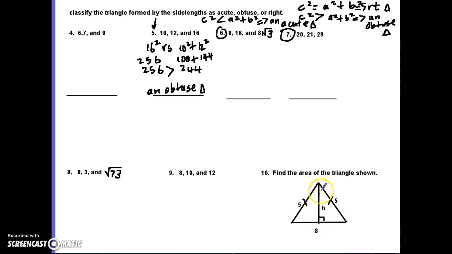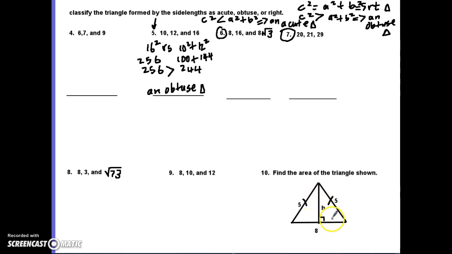That means this segment, which is labeled h, the height, would be a line of symmetry that divides it into two equal parts. You could fold the left part on this line, and it would fold right over on top of the right side.